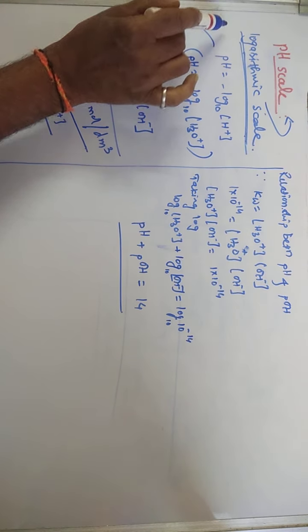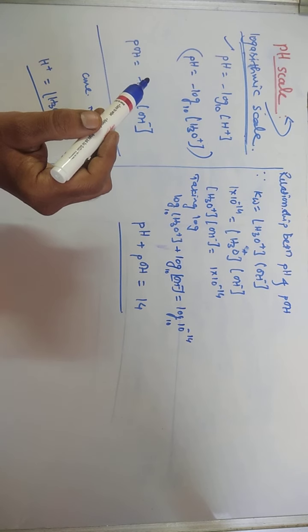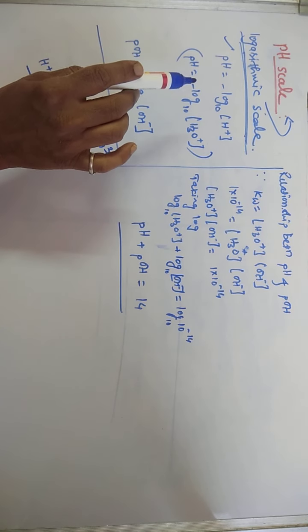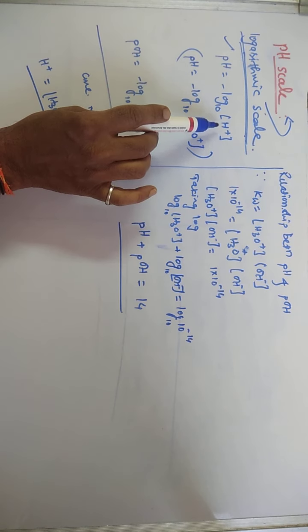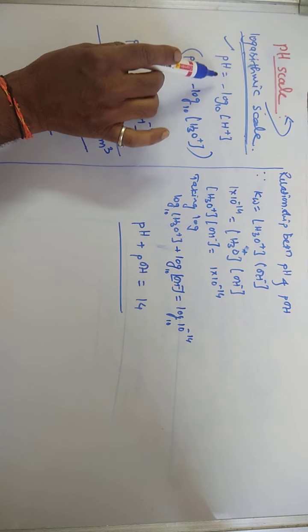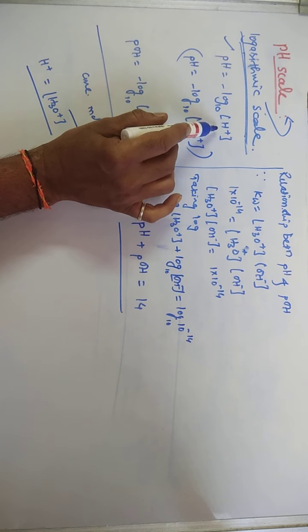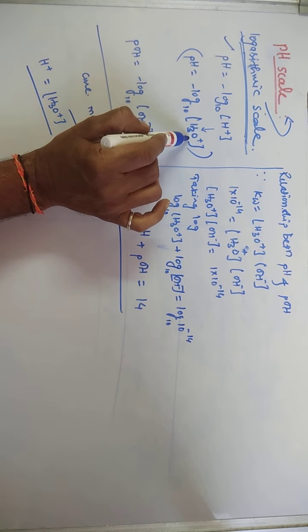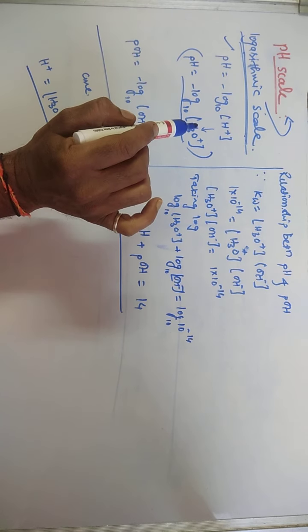Mathematically, pH equals minus log to the base 10 of the H+ concentration, and this H+ concentration can be considered the same as the hydronium ion concentration.